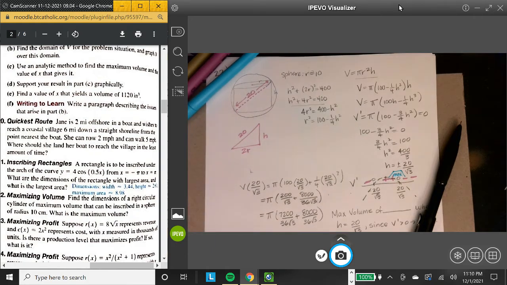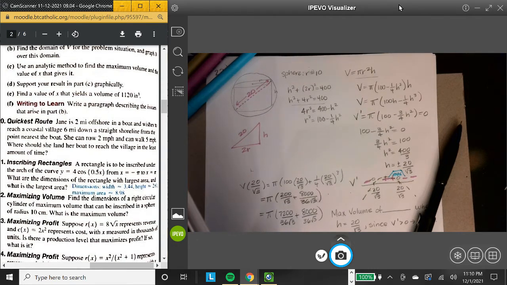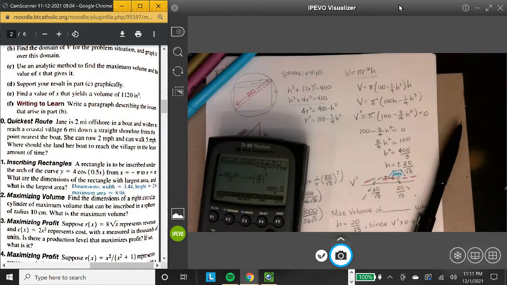Oh, wait. I put a plus here. Silly girl. Of course, it's 8,000 root 3 over 9.